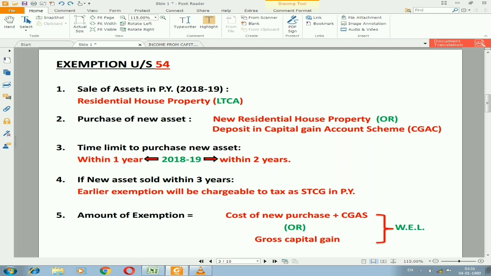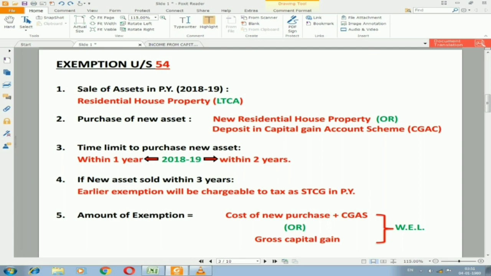Let us see the conditions which need to be satisfied by the assessee. First one: sale of asset in the previous year 2018-19, residential house property, long-term capital asset. So that particular asset needs to be sold in the previous year 2018-19.